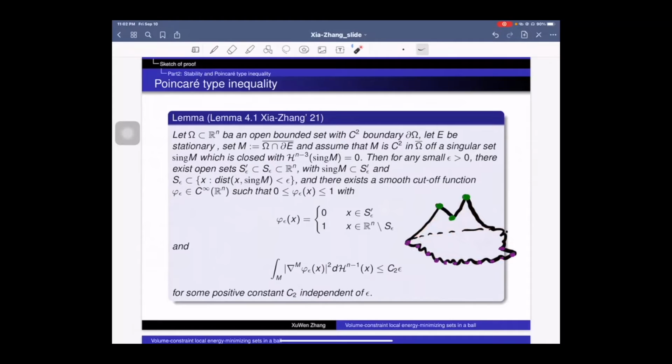And we will use the monotonicity formula for M as a rectifiable varifold inside omega, and as a general varifold with fixed contact angle with the boundary partial omega for this singularity near the boundary of omega.